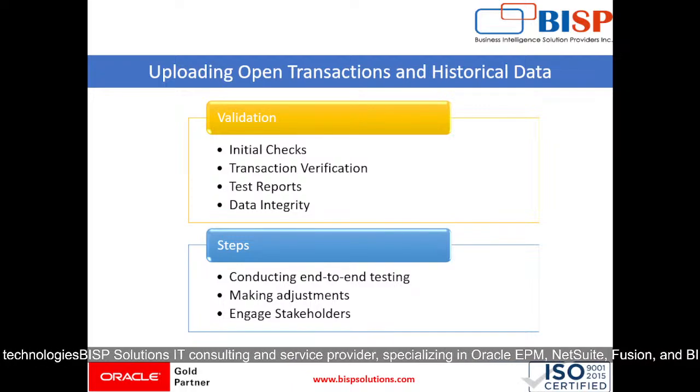What are the steps involved in validating the same? First, conduct end-to-end testing by running specific use cases, for example creating a sales order in NetSuite, linking payments, and comparing results to QuickBooks.